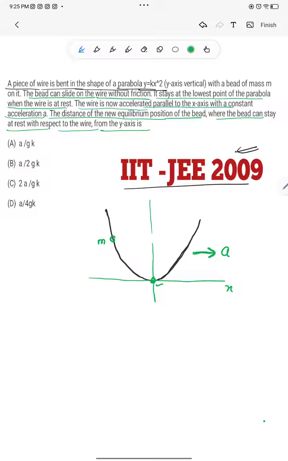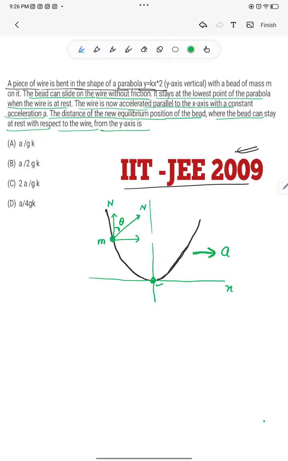Here we will draw the free body diagram of this bead. Here will be the normal force, and let's say it has two components. Let's say the angle from the vertical is theta, so this other angle will be 90 minus theta.